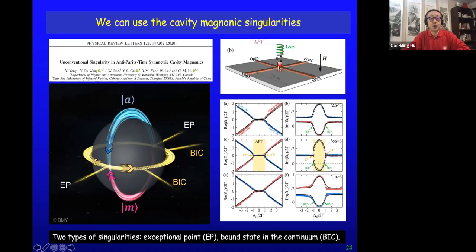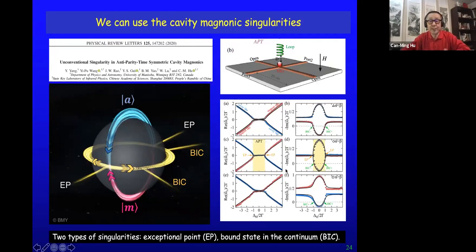Then you can tune the relative coupling and relative damping, the ratio of the damping between the cavity mode and the magnon mode. In the case these two modes have equal damping, if the damping rate is matched, then you see this perfect level attraction phenomenon, as I explained to you.